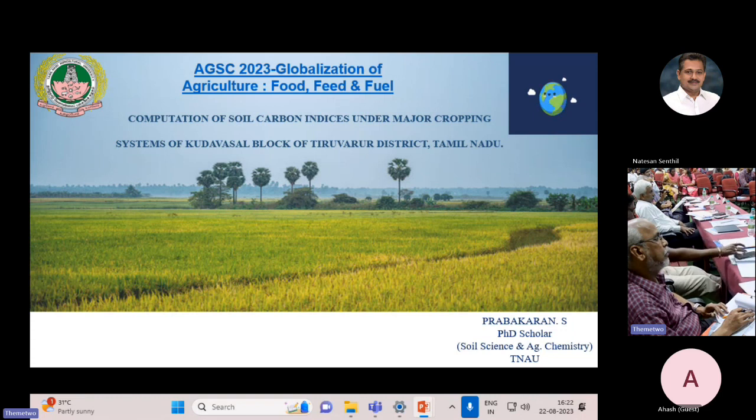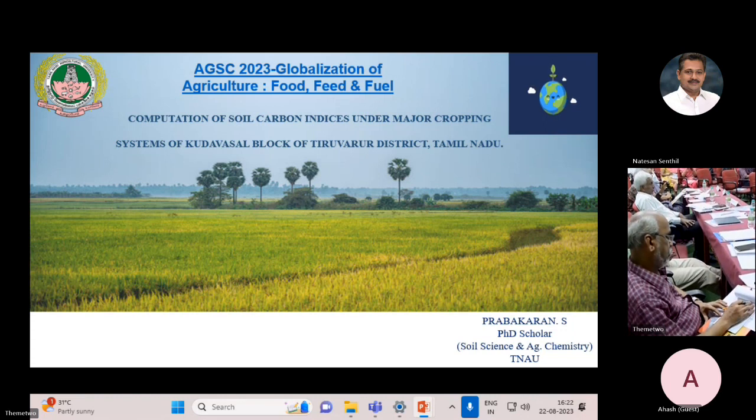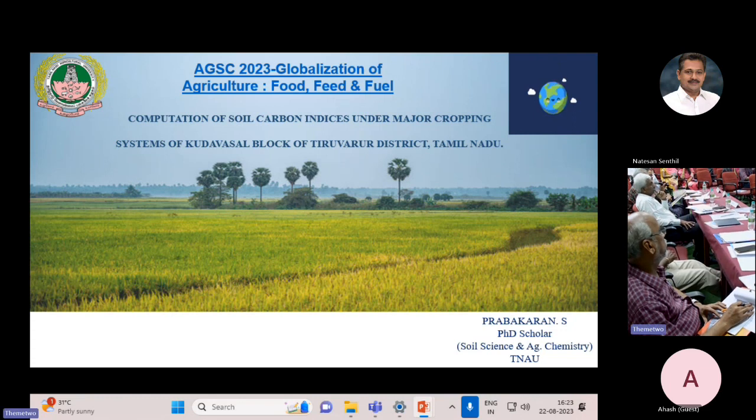I have concentrated only on the organic form of carbon and organic carbon stocks. Under submerged, waterlogged conditions, organic carbon will be converted into methane. So how are you sequestering carbon? You are keeping the carbon in the soil because of the heaviness of the clay. So how does it contribute to reducing methane emission?